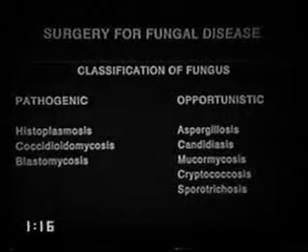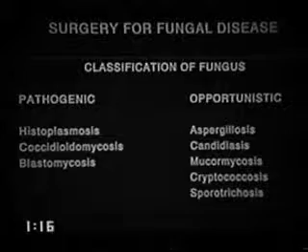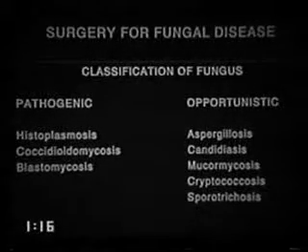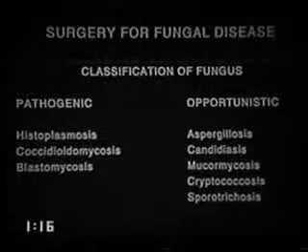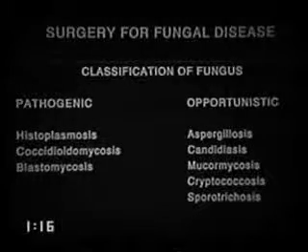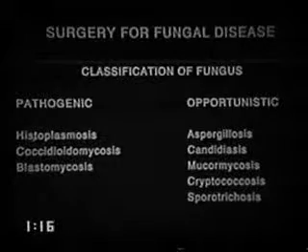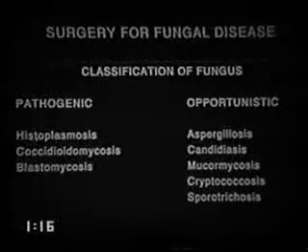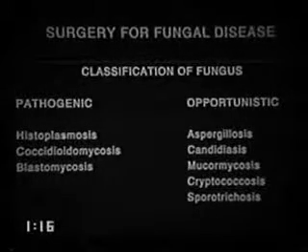Now, a little bit on fungus, and I've chosen to divide surgery for fungal disease, or to classify fungus under this heading, into the pathogenic fungi and the opportunistic fungi, and we'll treat them separately. As you know, histoplasmosis is a fungus that is endemic to the area of the Mississippi Valley.